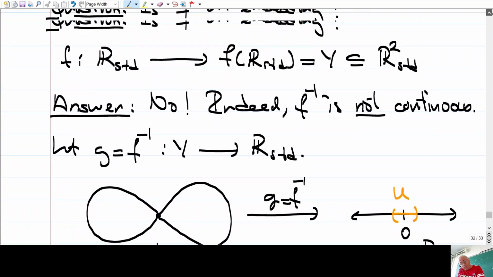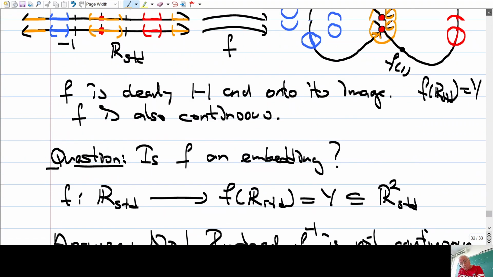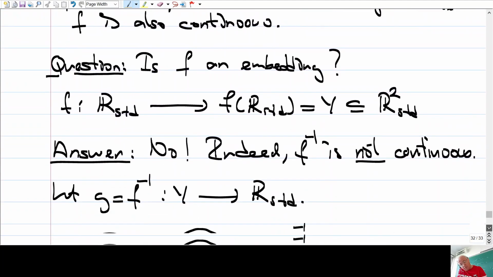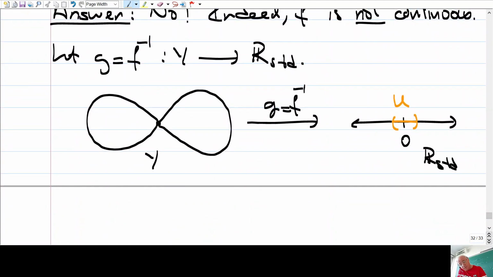But if you remember, this interval here is mapped into this piece, right? So I go like this, and so the inverse image of this interval is the image of this interval under f, and it is this piece. So the inverse image of this is just this piece.